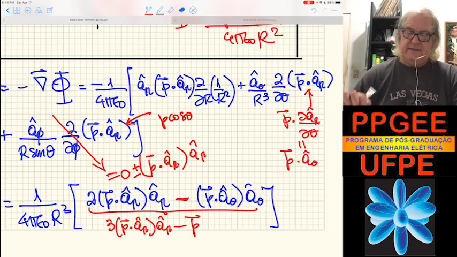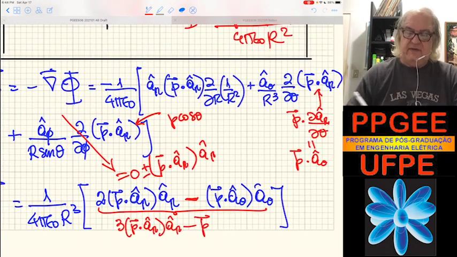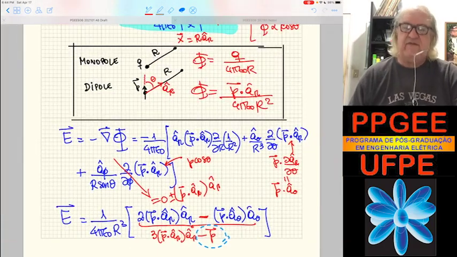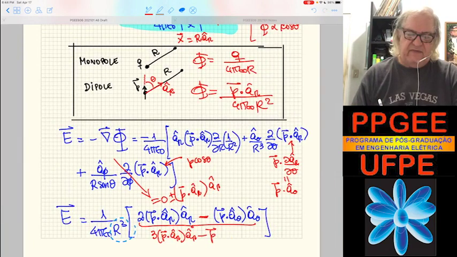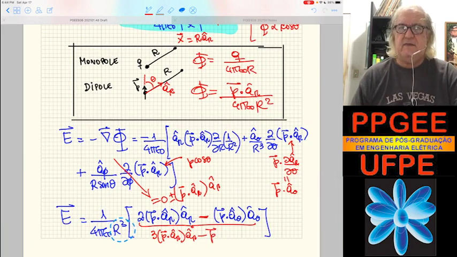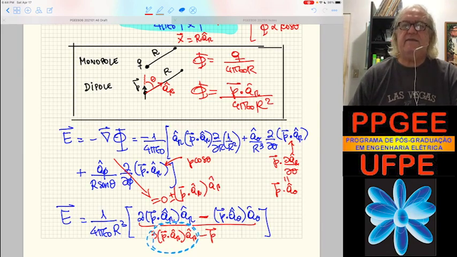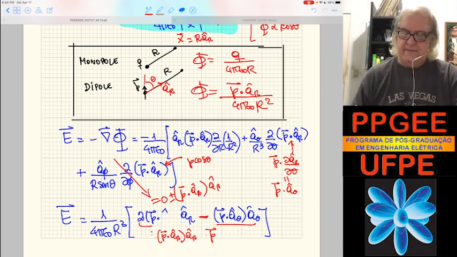So that's what we have here: 3 P dot AR AR minus P. That's, let's say, a canonical way of expressing the E field. It is easy to remember. It goes with the third power of R, 1 over R cubed, and we have this factor there.